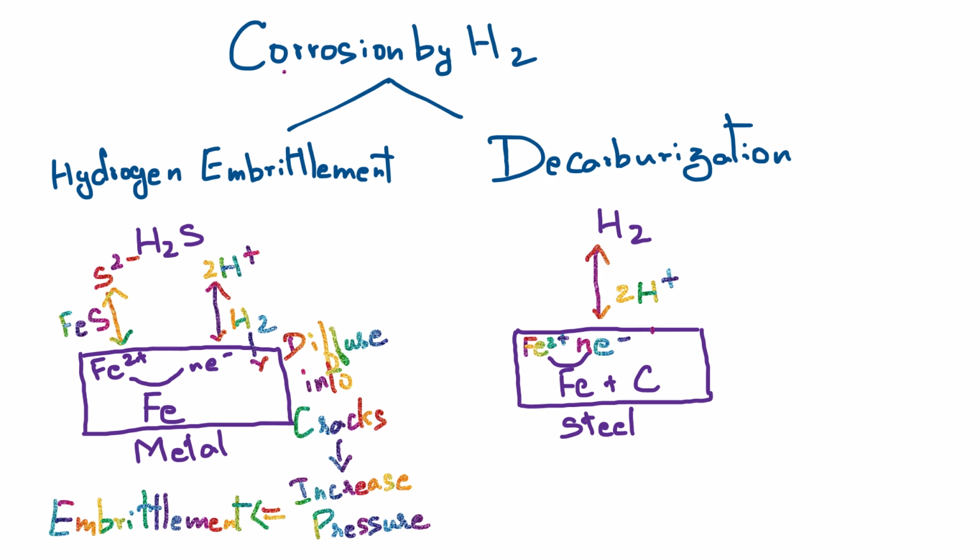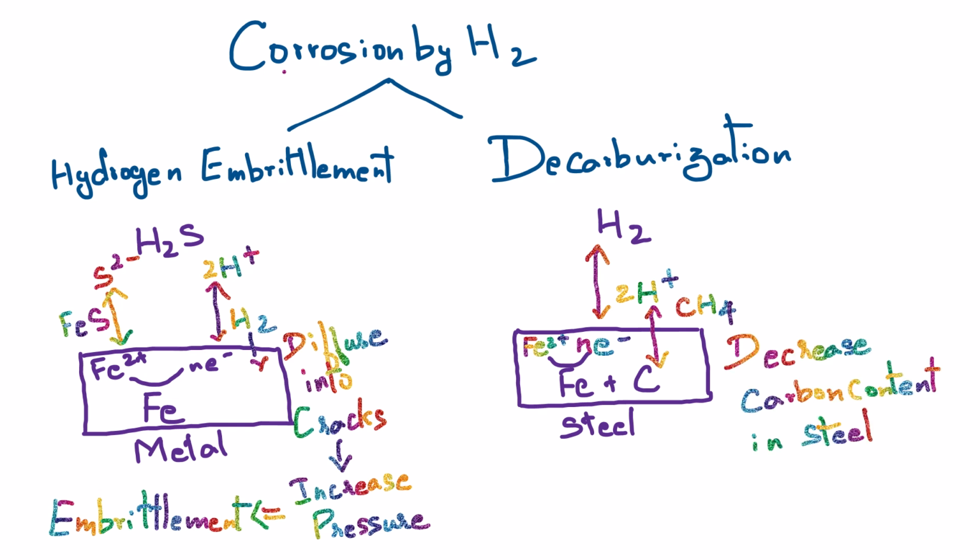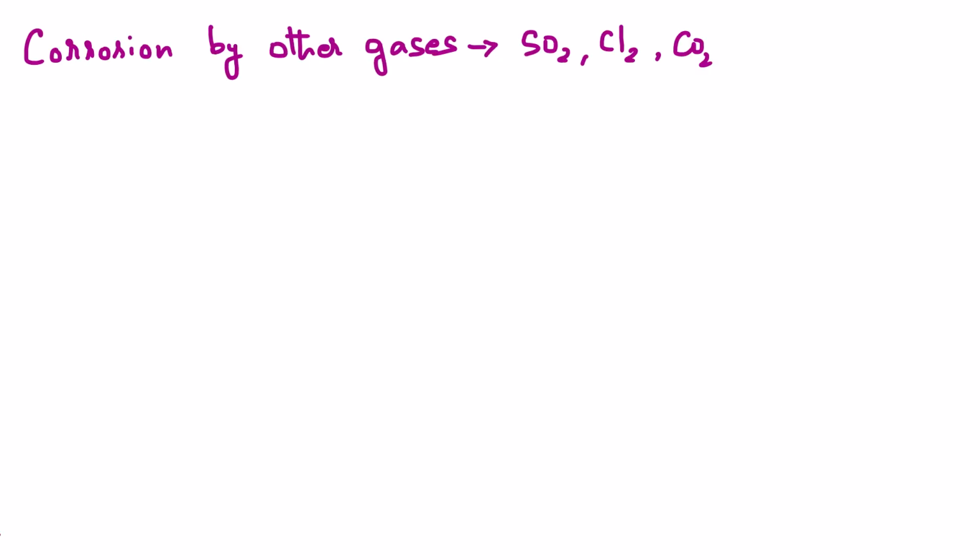Here the molecular hydrogen is converted into atomic hydrogen. This atomic hydrogen combines with carbon of steel and forms methane, and thereby it will decrease the carbon content in steel, and hence the name decarburization.